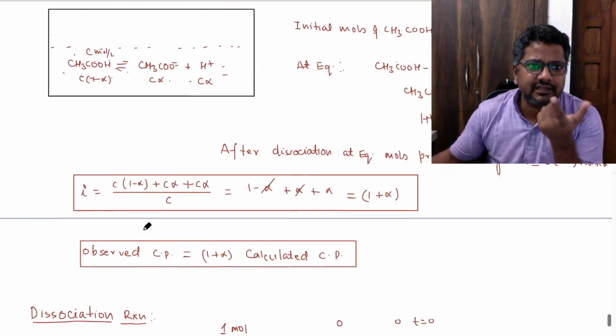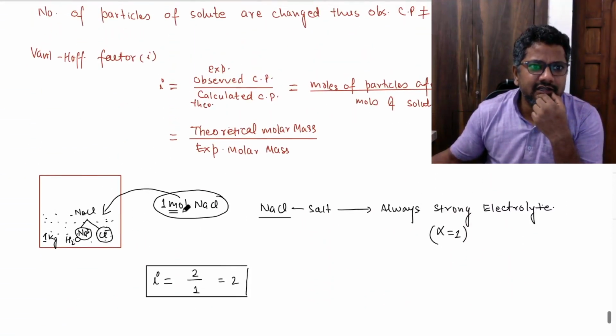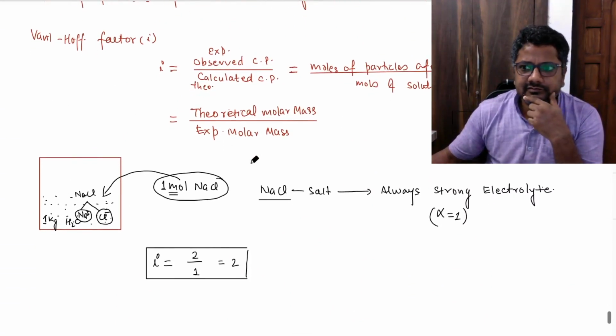If i is greater than 1, the theoretical molar mass is i times the experimental molar mass, right?